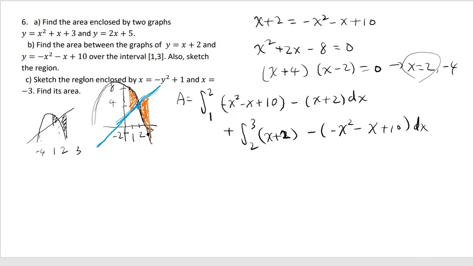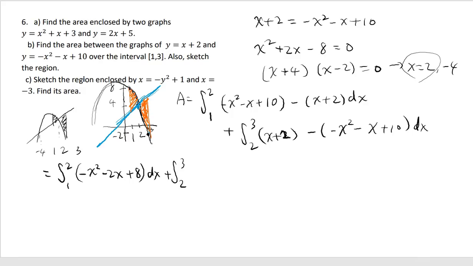Okay, that is going to be equal to integral from 1 to 2 of negative x squared minus x is negative 2x, and then plus 8 dx plus from 2 to 3.